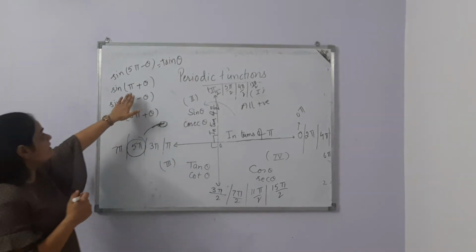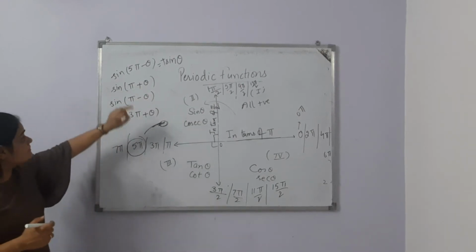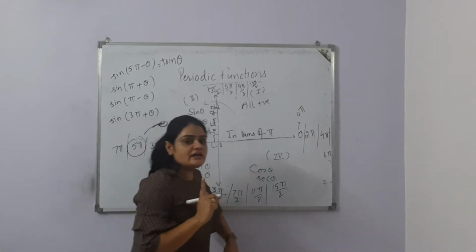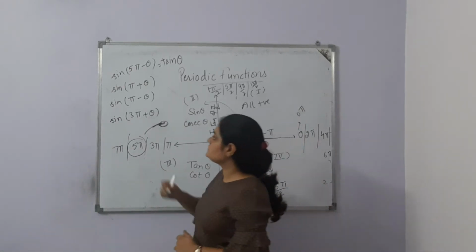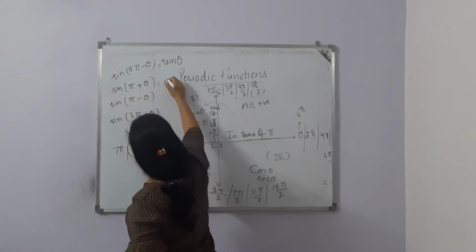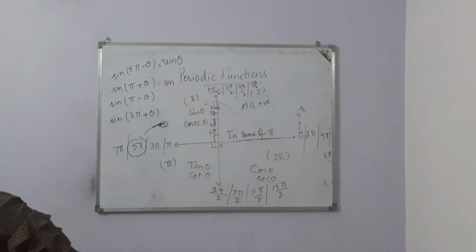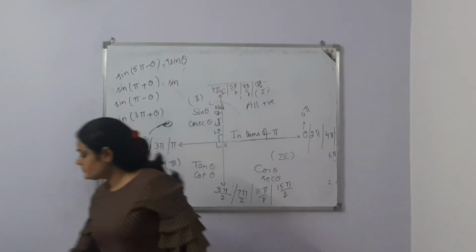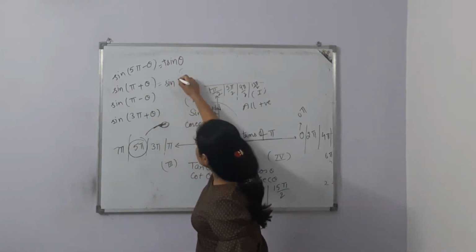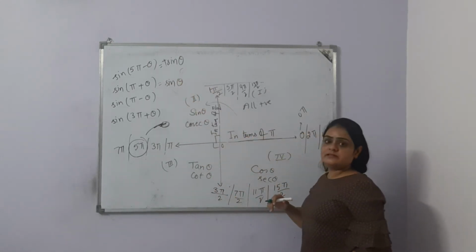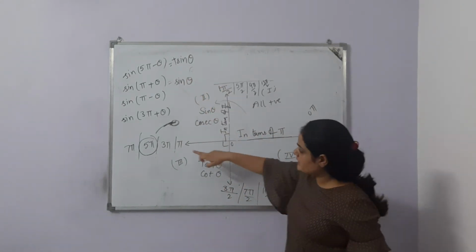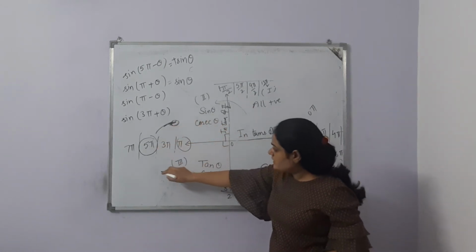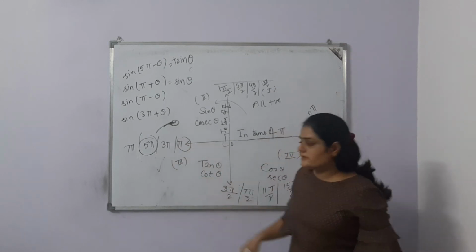So what will occur whenever sine pi plus theta is there? Of course in terms of pi, no change. I have already told you, in terms of pi there is no change. That means sine will remain sine, and the next angle is sine theta, pi plus, that means anti-clockwise direction. Where is pi? Here is pi, pi plus, this direction, that means pi plus is the third quadrant.